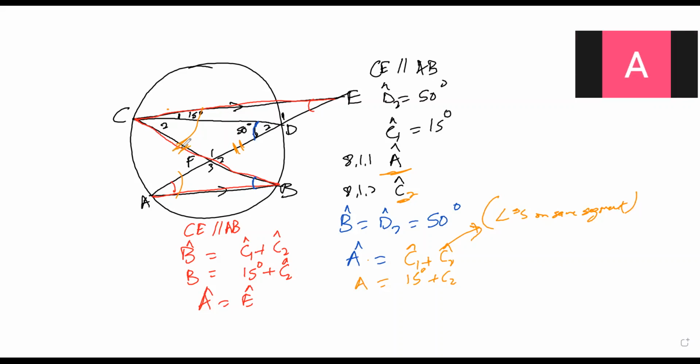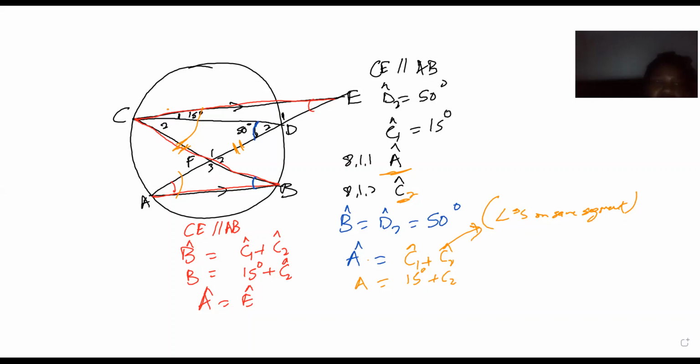Yeah, unless they told us F is the center. Let me go back to the question page. No, they didn't tell us that F is the center. They said in the diagram, points A, B, D, and C lie on the circle.